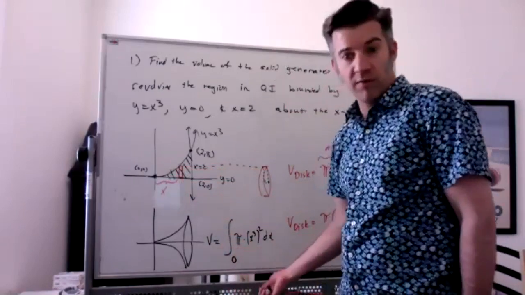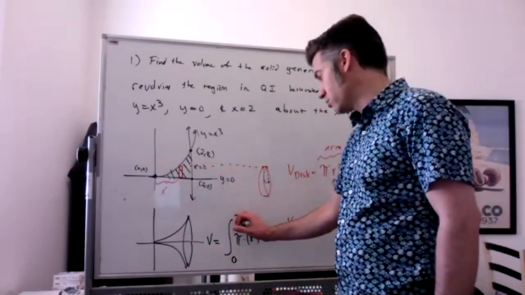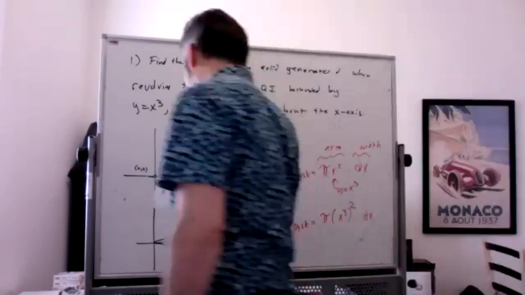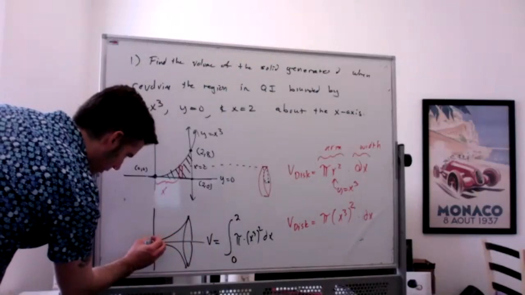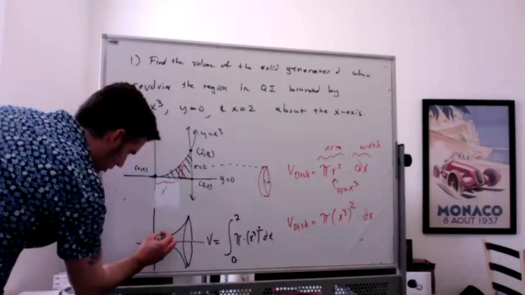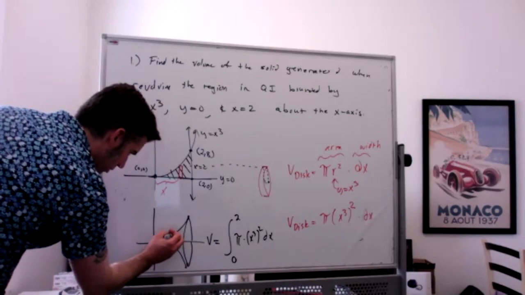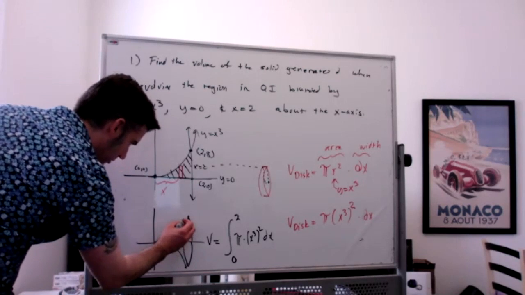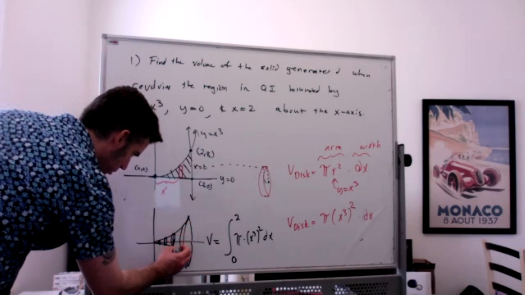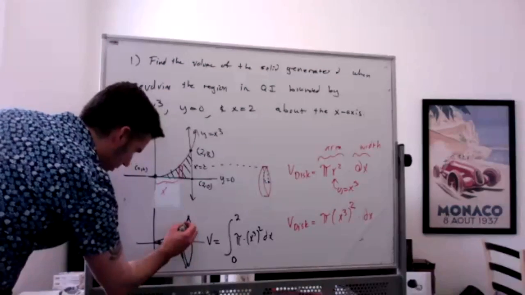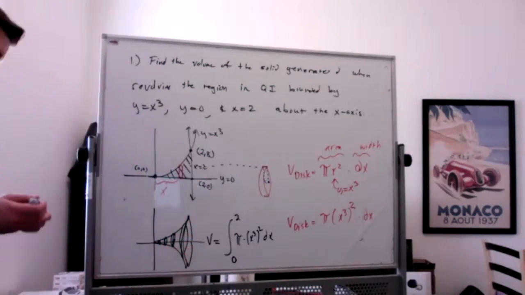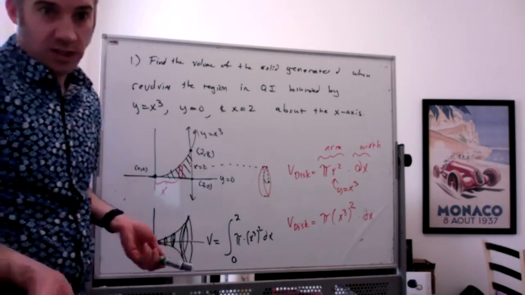The disks go as far right as 2. I've got a little disk over here, disk here, disk here. I'm not drawing all of them because I can't, but that's the idea. We're just adding up all these disks, which is how we add up all the things, to integrate.